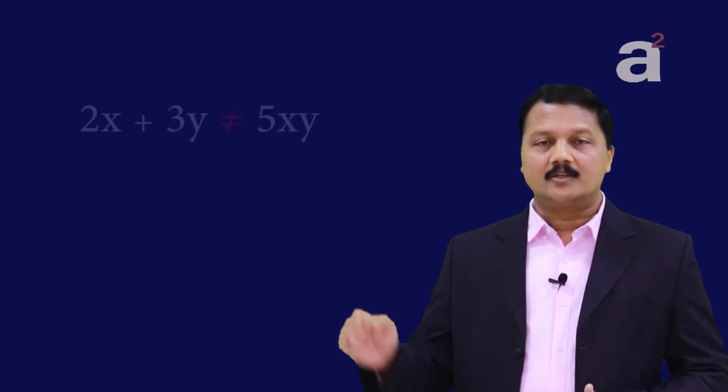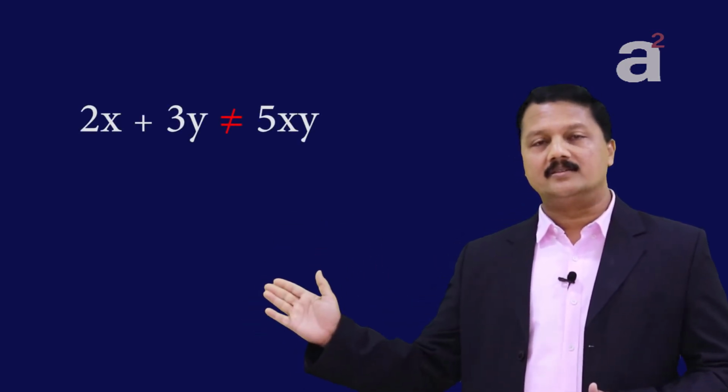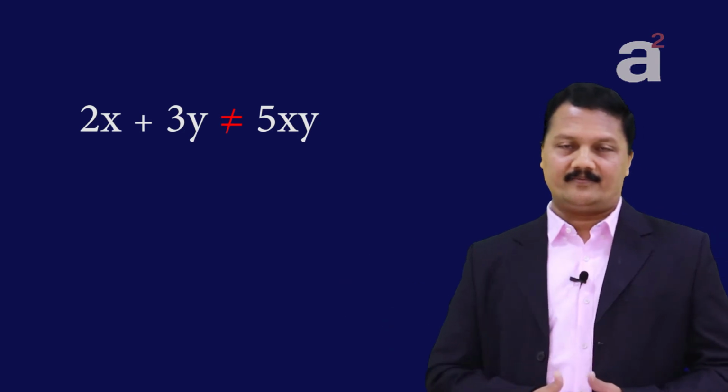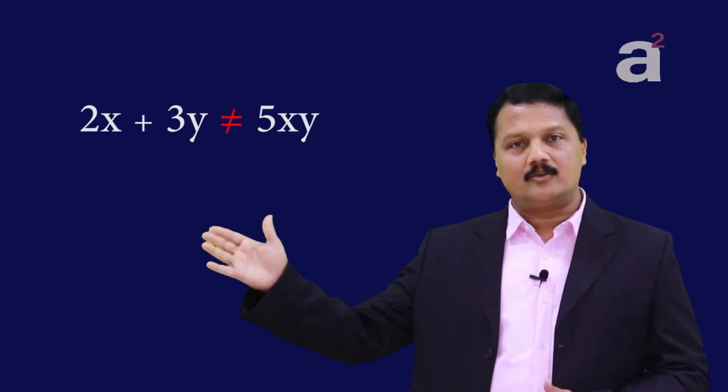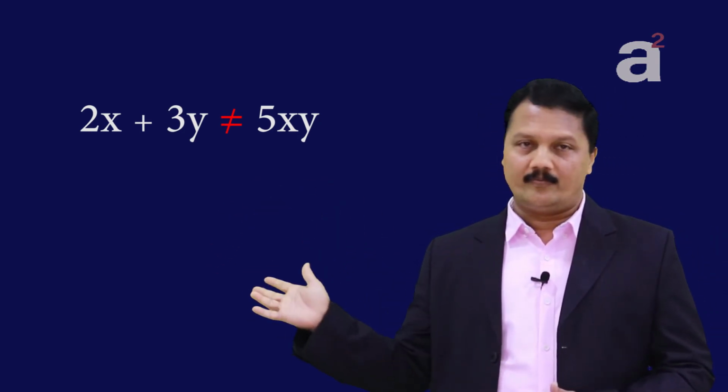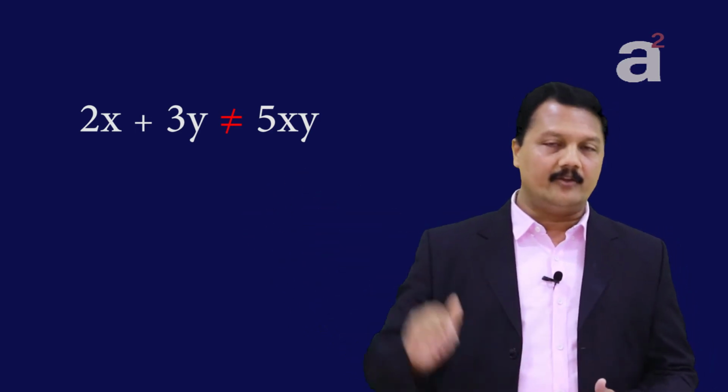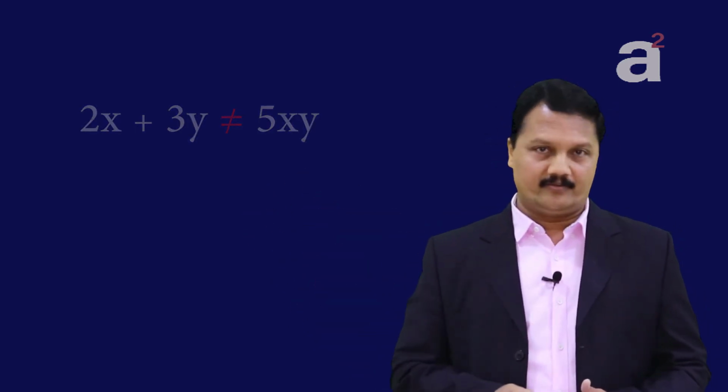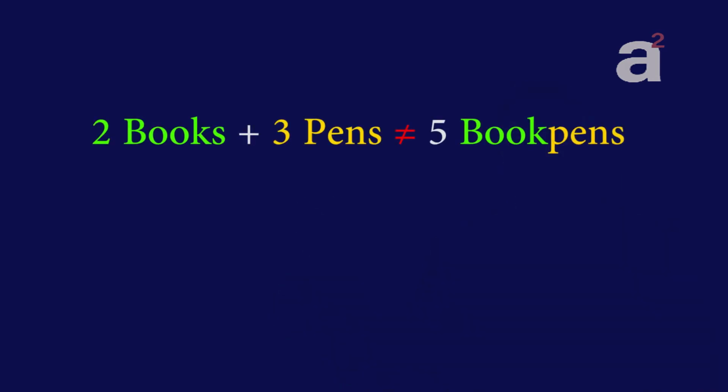On many occasions I have witnessed students writing 2x plus 3y is equal to 5xy. Can you add 2x plus 3y? No. x has some value, y has some other value. It's like 2 books and 3 pens. Can we add 2 books and 3 pens to get 5 book-pens?